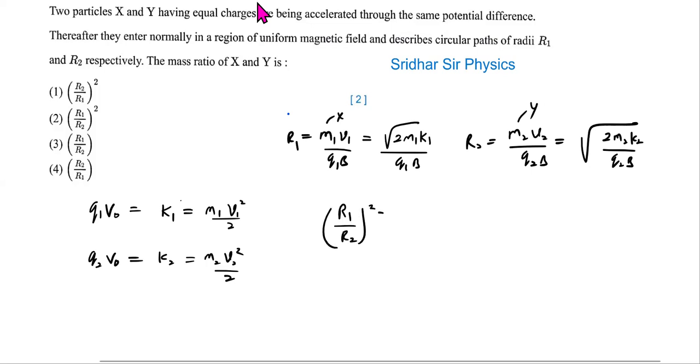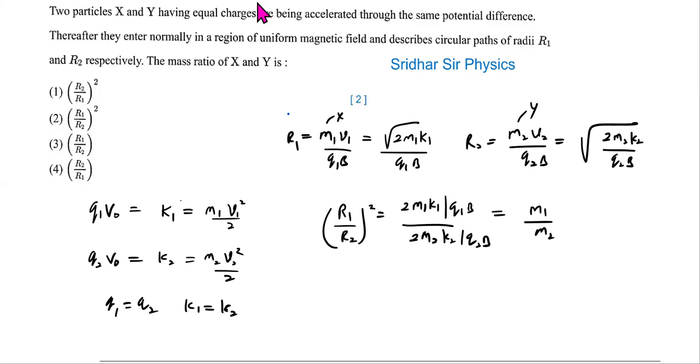r1 by r2 whole square equal to 2 m1 k1 by q1 B, over 2 m2 k2 by q2 B. The charge of both is the same and the kinetic energy of both is the same: q1 equal to q2, k1 equal to k2. And both are moving in the same magnetic field. So therefore, this will become m1 by m2, that is r1 by r2 whole square.